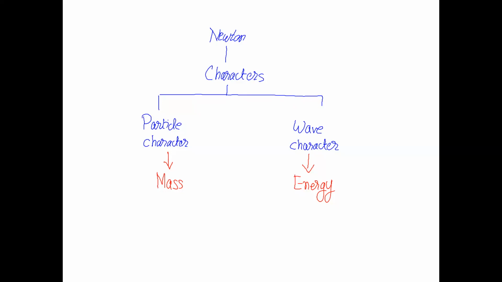But when you're sitting in a car and listening to the radio, people use the word FM 100, which is frequency, that is a wave character. People talk about the mass of a person, weight of a person, density of a ball, and these were such established facts that Newton thought these are unbreakable concepts.